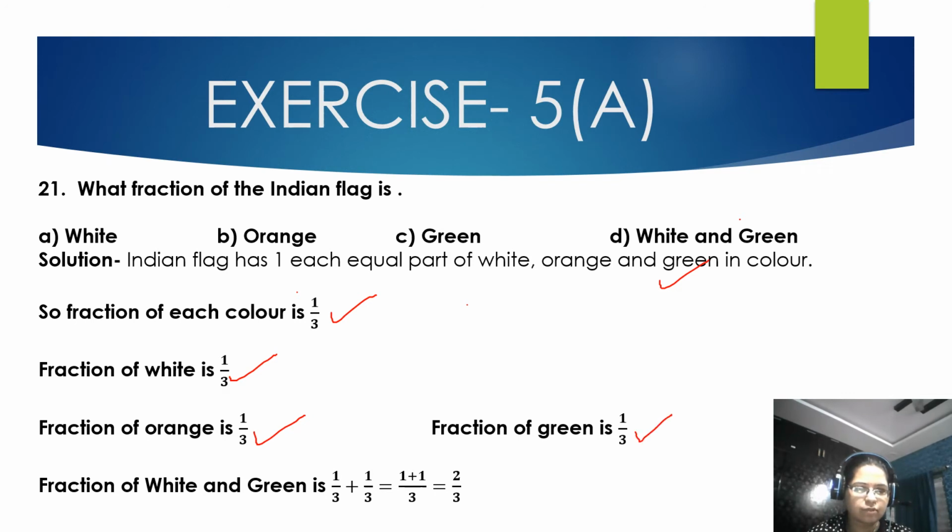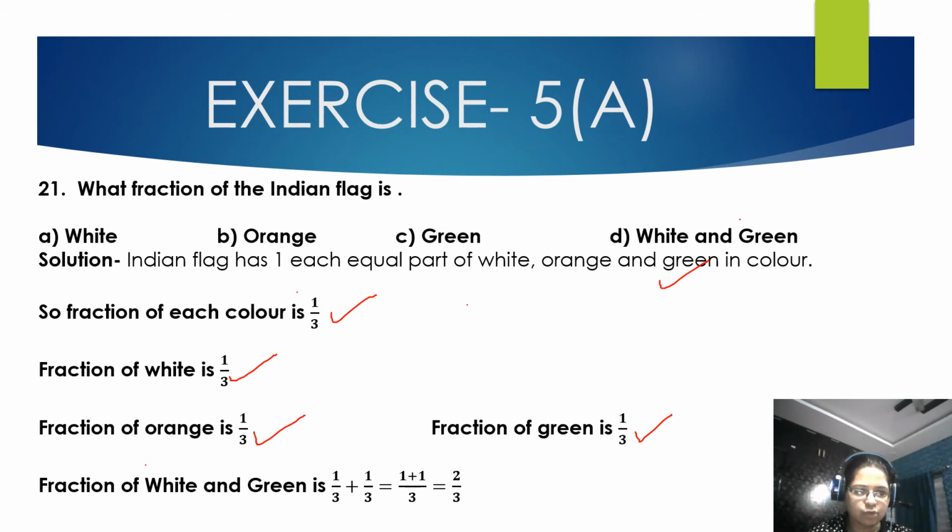Option A, fraction of white is 1 divided by 3; option B, fraction of orange is 1 divided by 3; option C, fraction of green is 1 divided by 3; and option D, we have to find the fraction of white and green both. Fraction of white is 1 divided by 3 and fraction of green is 1 divided by 3.